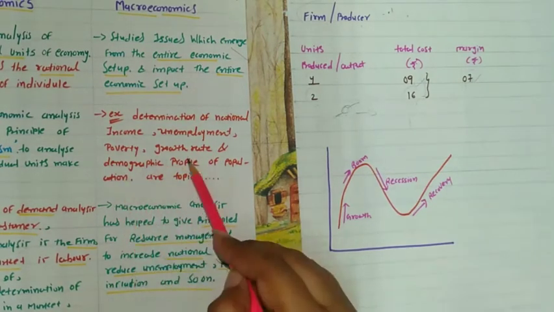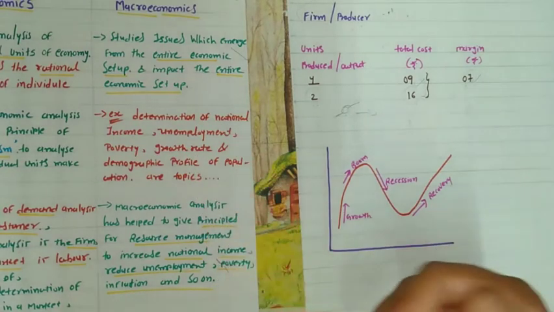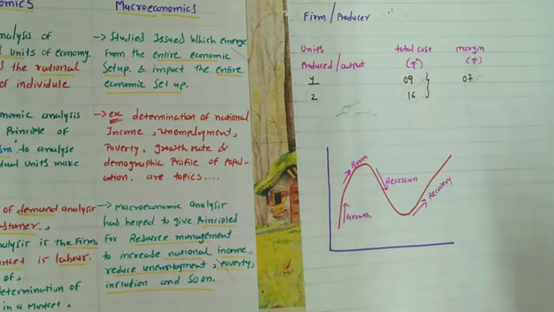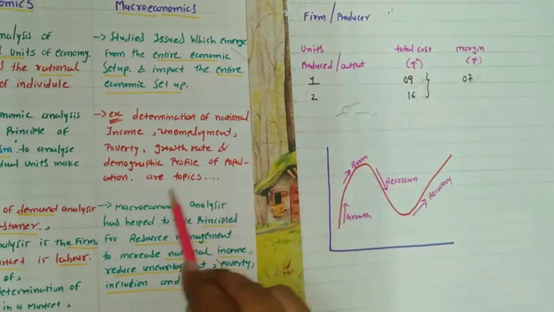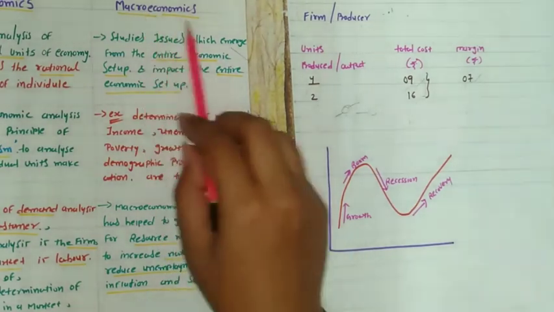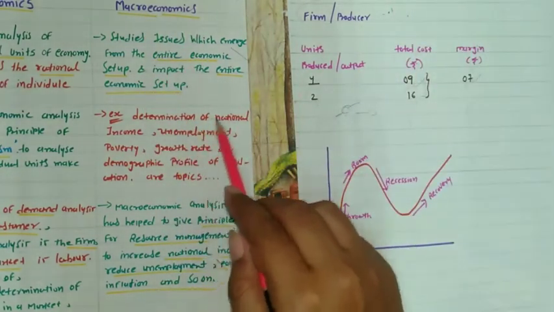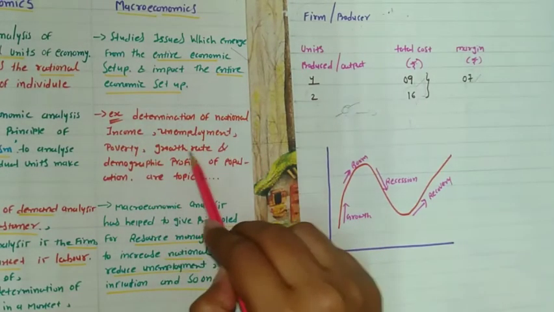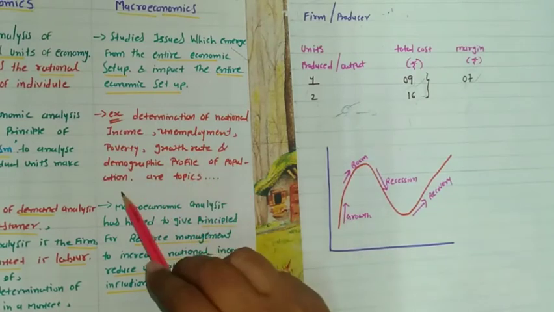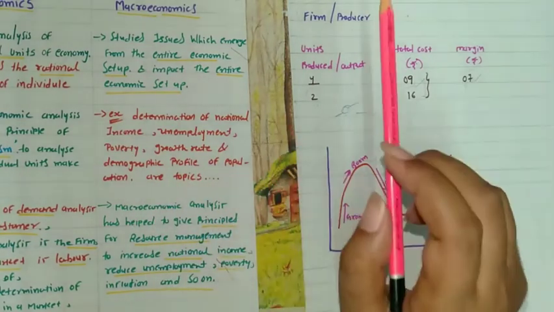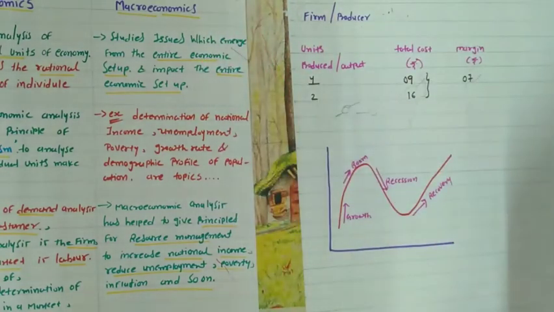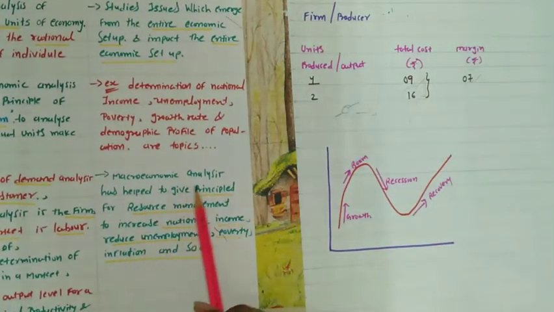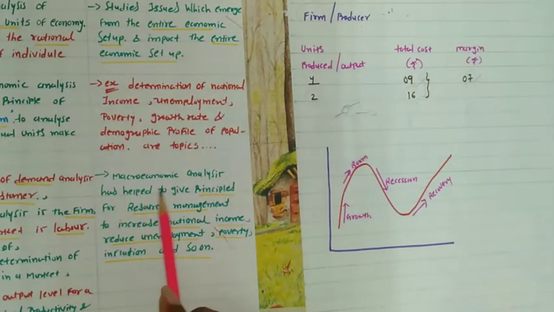We all know the growth rate; the only thing that is increasing in our India is population growth. These are the topics covered under macroeconomics: determination of national income, unemployment, poverty, growth rate, and the demographic profile of the population. Macroeconomic analysis has helped to give principles for resource management.